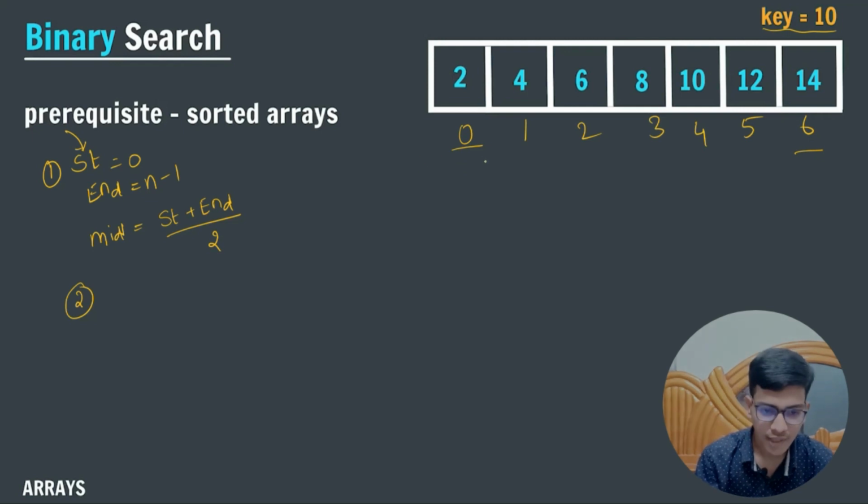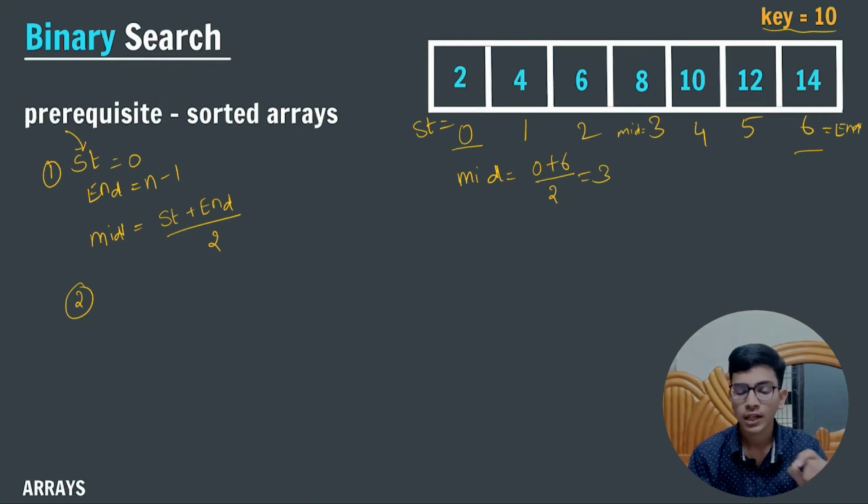So what is the mid value here? This is my starting value and this is my ending value. So mid is equal to 0 plus 6 divided by 2, that is, my mid is 3. So we have calculated our mid by taking the starting index and ending index, right? Up to this I hope you have understood.